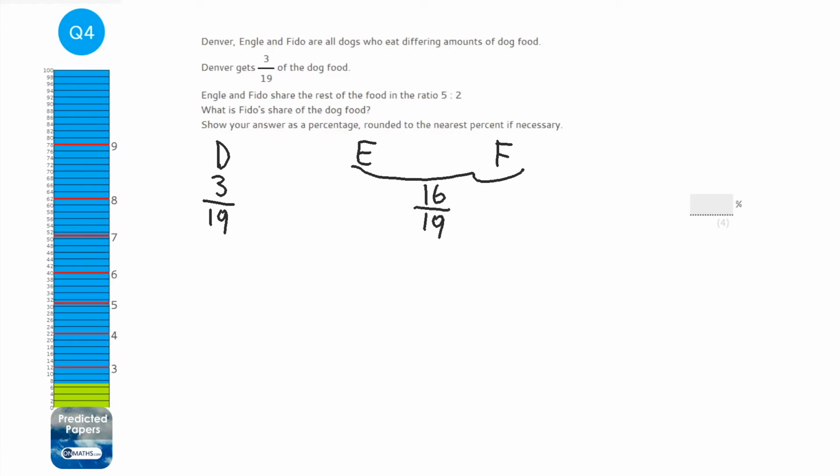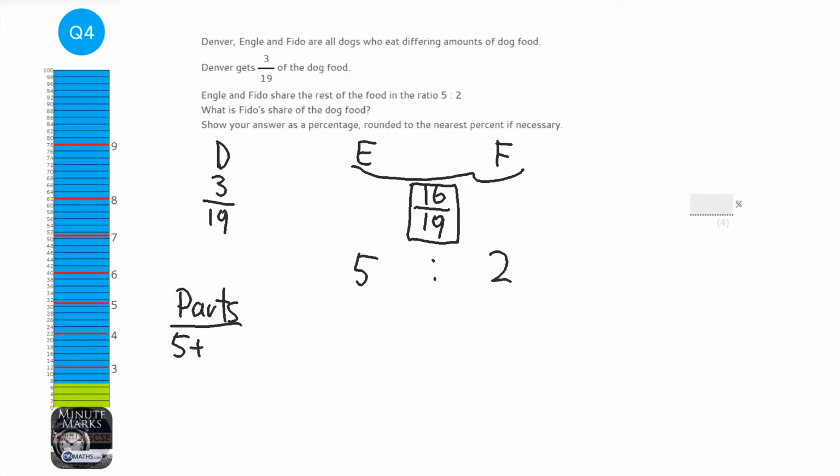So we can kind of ignore Denver now because we used Denver's amount or fraction of the food to work out Engels and Fido's combined. So that's how much food they'll get, but they're sharing it in the ratio of 5 to 2. So in total, the amount of parts they have is 5 plus 2, which is 7.